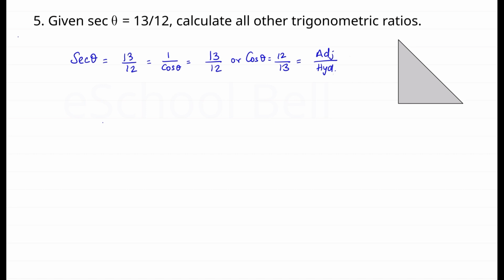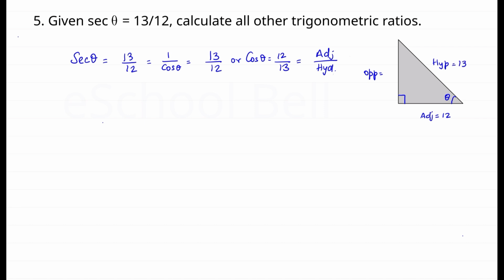Now, this is the right angle triangle and this is theta. Whatever side is opposite to theta, that's the opposite side. Whatever side running along the side of theta is the adjacent side or base. Adjacent is equal to 12, and this side is hypotenuse, that is 13.